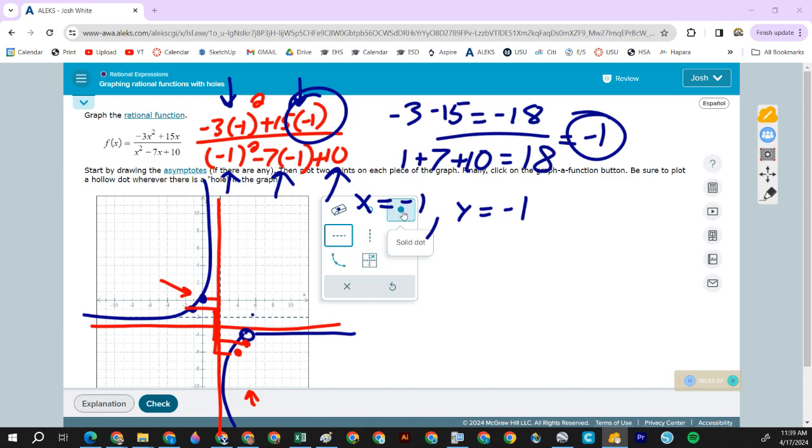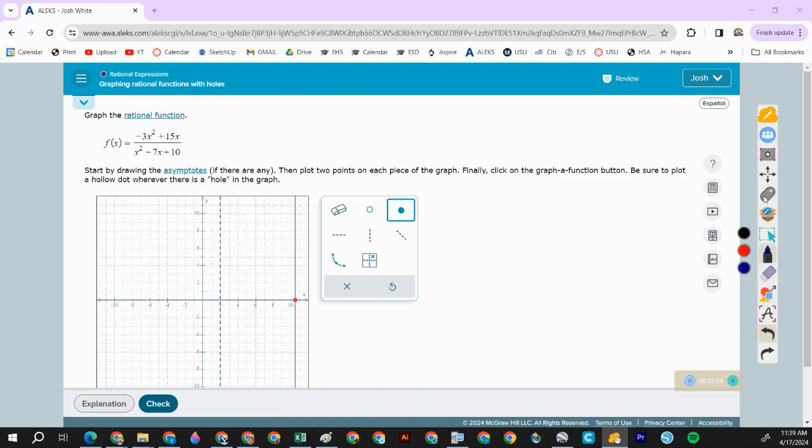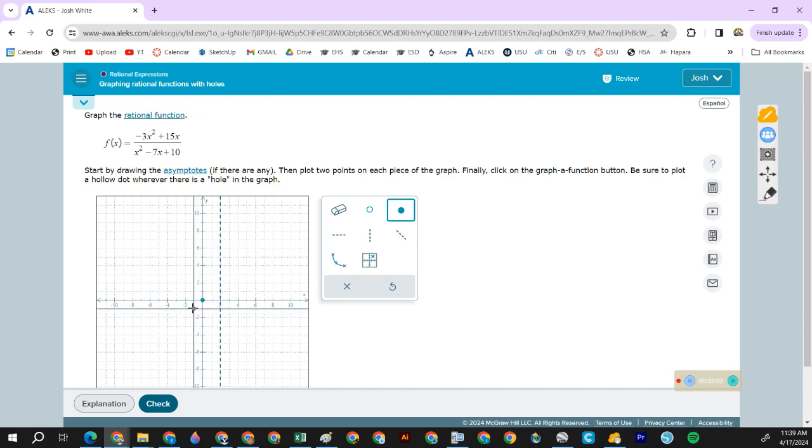Okay, and then I need to put a point, oh, 0, 0. Come on. I can't see. Okay, so we'll put a point right here and a point right here. I need to put this right. Was it 2 or 3?